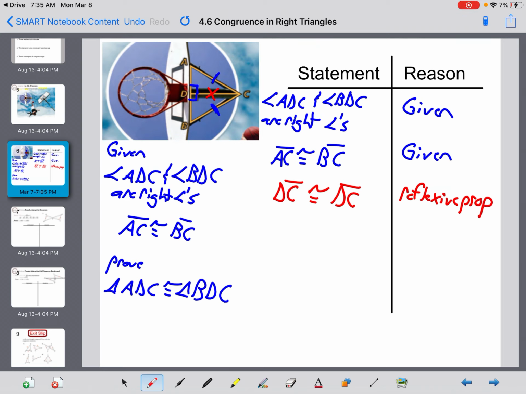Well, if you look, we have the hypotenuse congruent to a hypotenuse. We have a leg DC congruent to a leg, okay? And that's all we need. So now we can say that triangle ADC is congruent to triangle BDC because hypotenuse leg is congruent to hypotenuse leg.